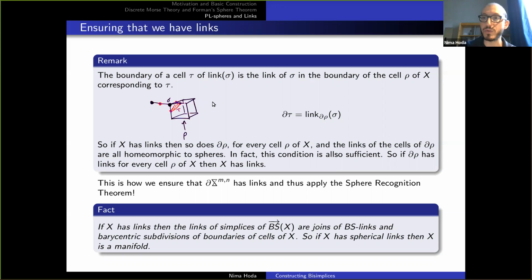Because it's going to be the boundary of a cell in the link of sigma. And conversely, if you build a cell complex out of cells where the boundary has links and all the links are homeomorphic to spheres, then your cell complex will have links.